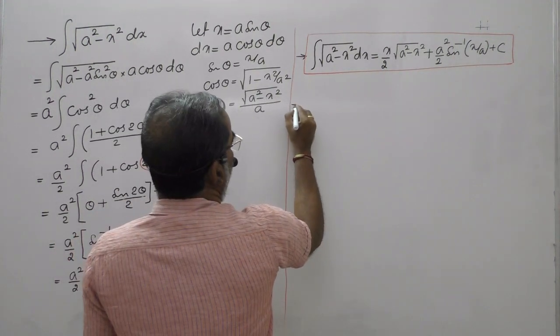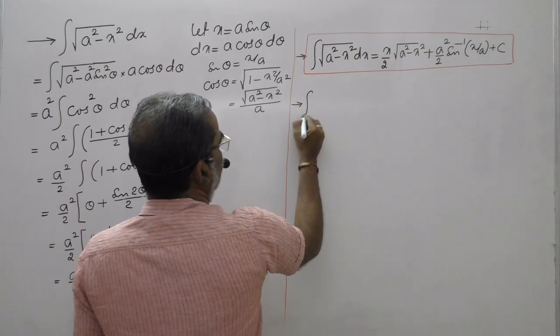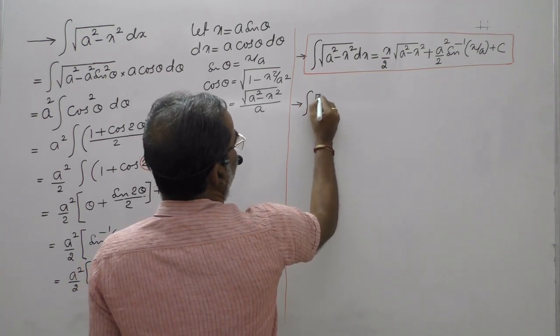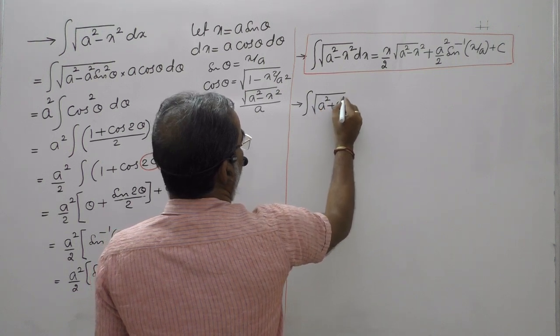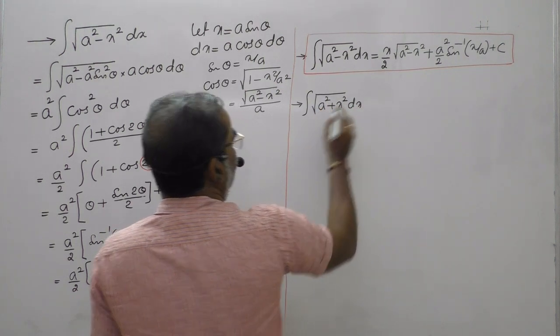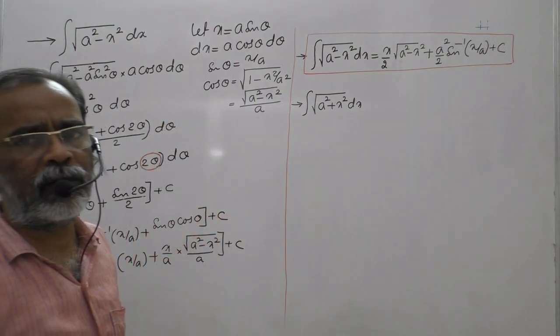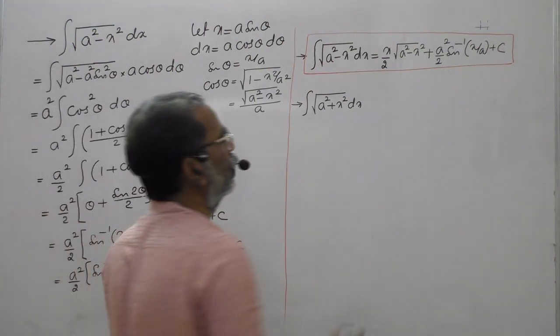Similarly, you can take two more. What is the other one? Integral root over a square plus x square. A square plus x square or x square plus a square, both are same.